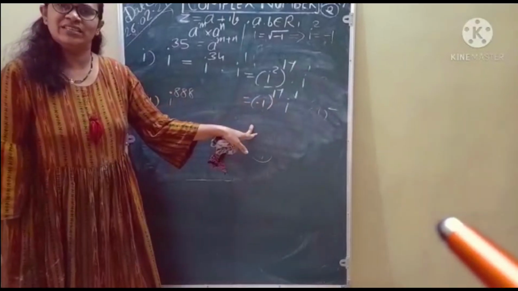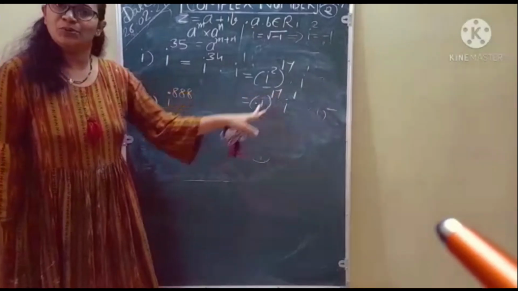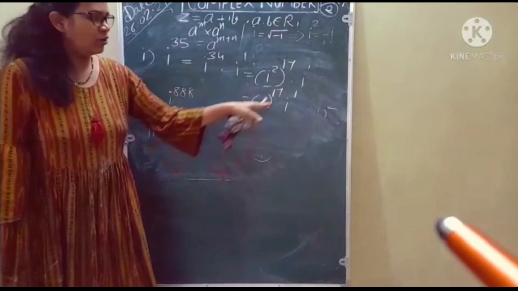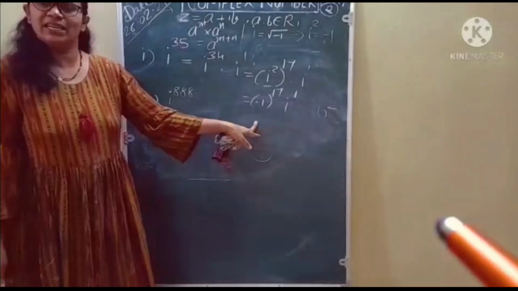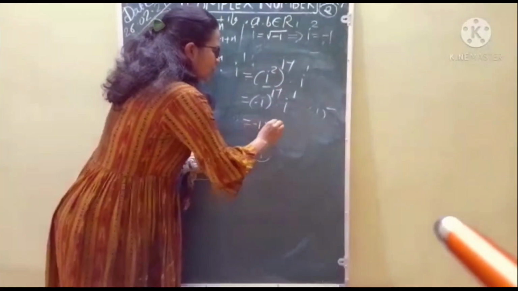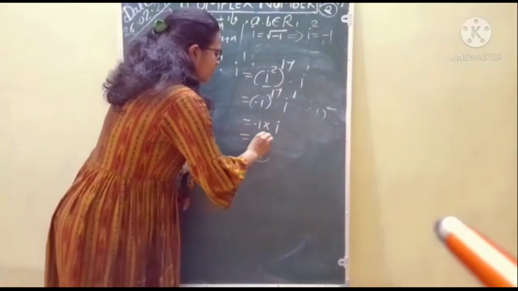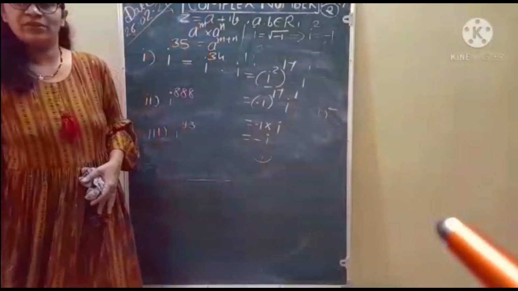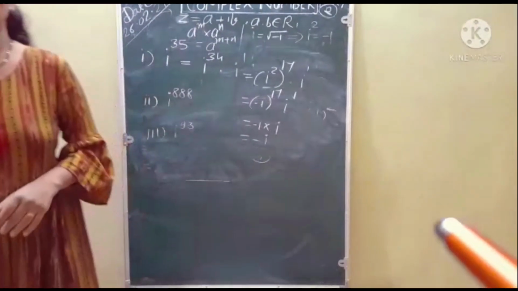It is -1. Even power रहा तो you will get positive number and odd power रहा तो you will get the negative number. So it's -1 into I. The answer is minus of I. Okay, have you understood how to find this?